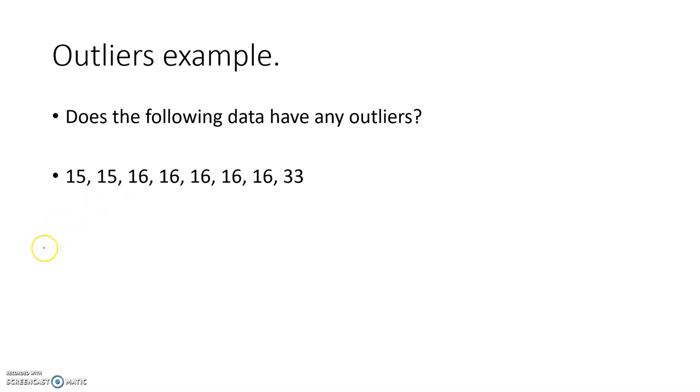So to do that, we need the 5-number summary first, where we find the min, find Q1, find the median, find Q3, and find the maximum. Minimum was 15, maximum was 33. 1, 2, 3, 4, 5, 6, 7, 8, 9. So the median fits in here.